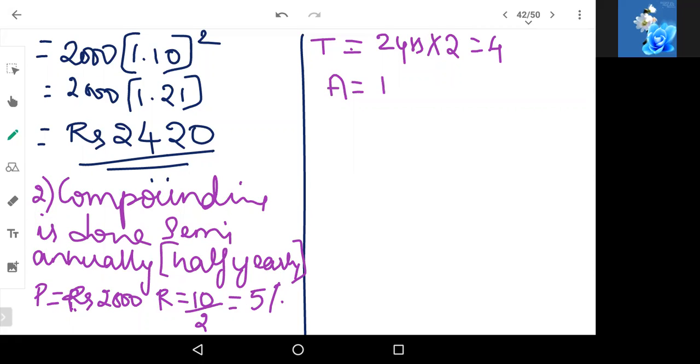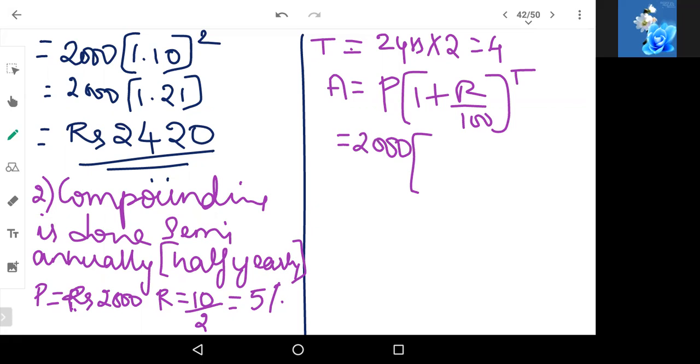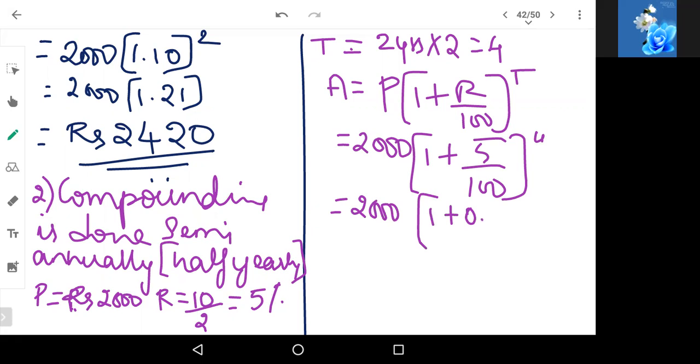Amount is equal to P into 1 plus R by 100 to the power T. So now come on, fastly finish this. 5 by 100 to the power 4. Let us see who can give me the answer of the amount here. 2000 into 1.05 to the power 4.